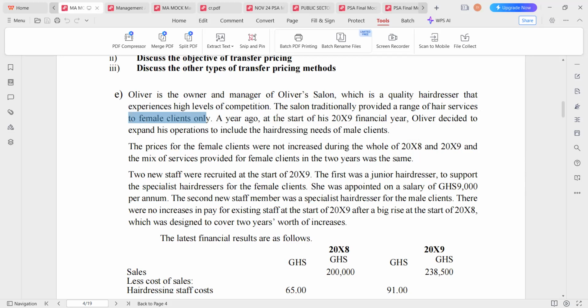Then a year ago, at the start of its 2019 financial year, the saloon decided to expand its operations to include the hairdressing needs of male clients. However, the prices for female clients were not increased during the whole of 2018 and 2019.